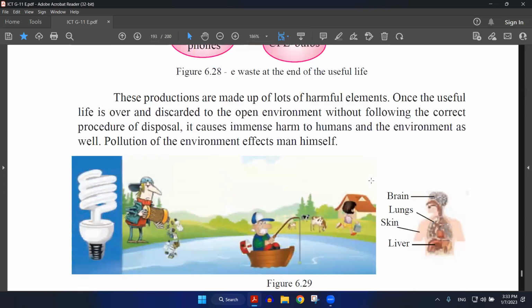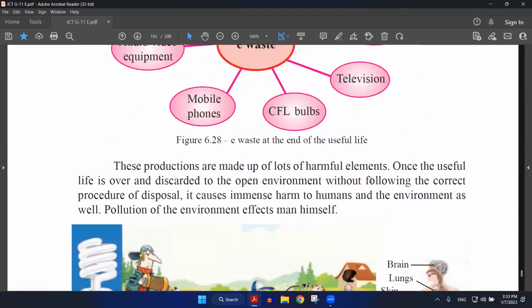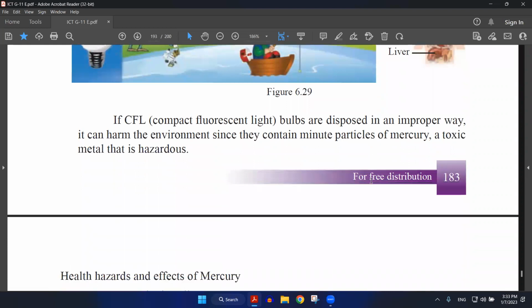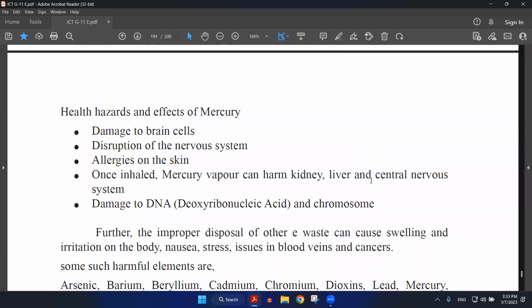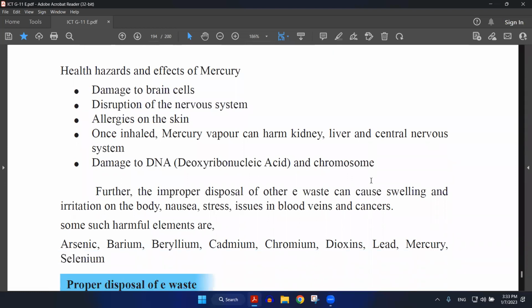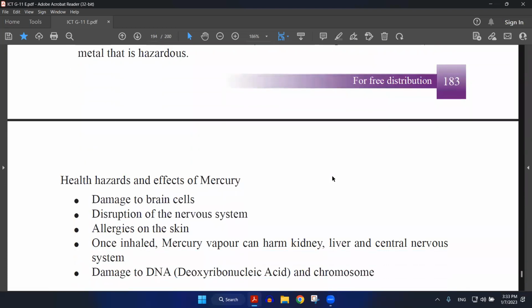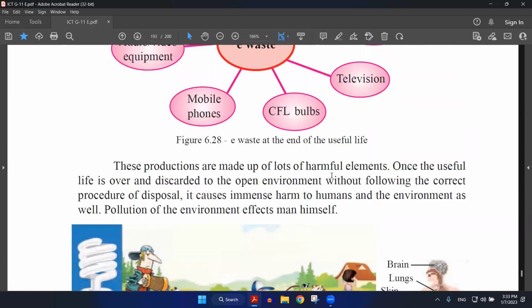So moving forward, yeah, they have specifically talked about the CFL bulbs over here. Yeah, let's write it like this, people.